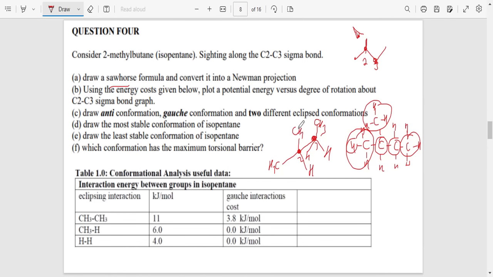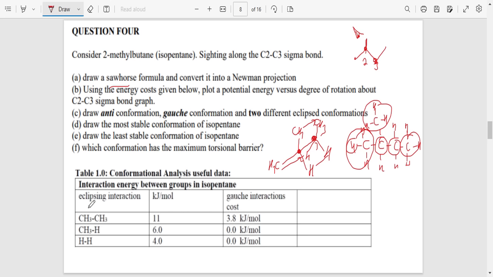But in a case like this one, you can see these groups behind, they've been covered, all of them. So this is called an eclipse configuration. Now, draw, using the energy cost given below, which are these ones here, the potential energy versus degree of rotation about the C2, C3 sigma bond graph.